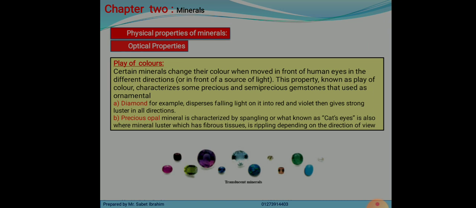If you look here, we find that precious opal has the eyes of a cat, or cat's eyes.